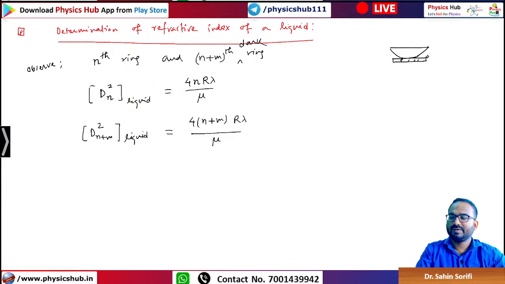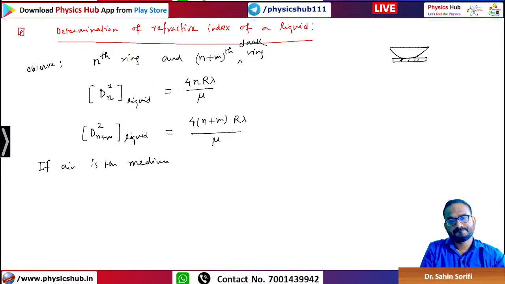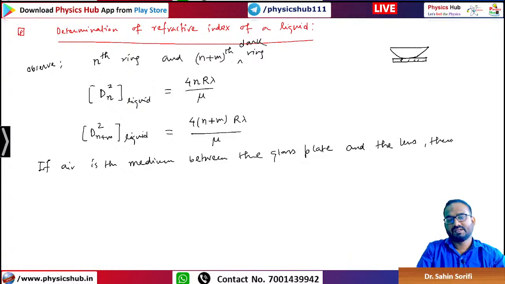Now once you measure with air, then you measure with liquid. Now for air, if air is the medium between the glass plate and the lens, then you see dn plus m whole square in air minus dn square in air, what will be this value?